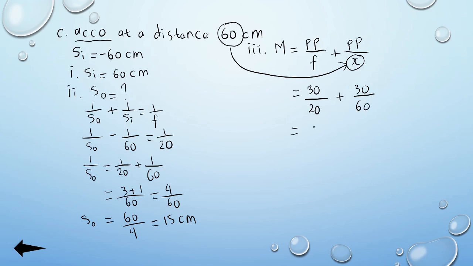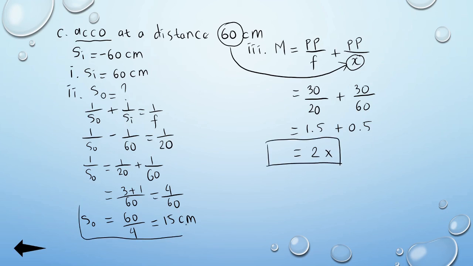This equals 1.5 plus 0.5, which equals 2 times. This is the angular magnification. This is the distance from the object to the lens. And this is the distance from the image to the lens.